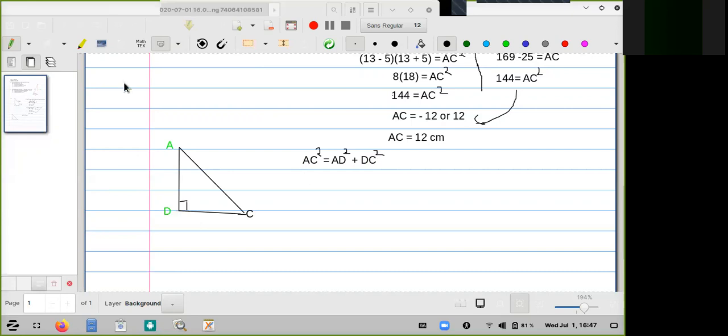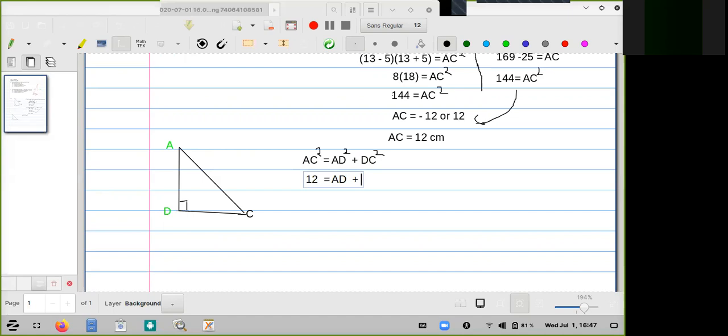Then we move on to the second part. I'm going to substitute now. AC is 12 squared, which is equal to AD, that's what we are going to find, plus DC.